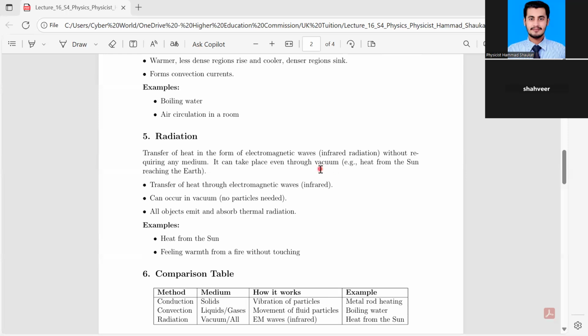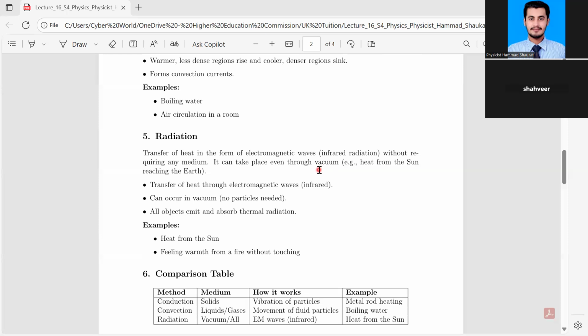But if there is a vacuum, meaning there are no particles, conduction and convection will not happen. The only thing that happens is radiation, because radiation is light, light is an electromagnetic wave, and electromagnetic waves do not require any medium to travel. In vacuum there is no medium, so definitely light can also travel in vacuum.